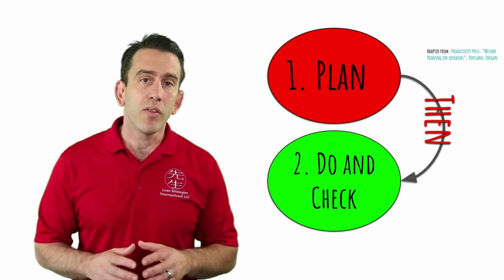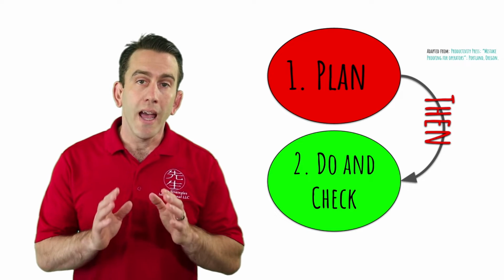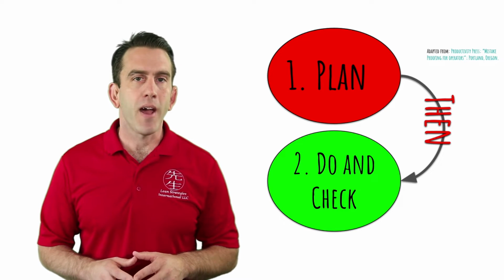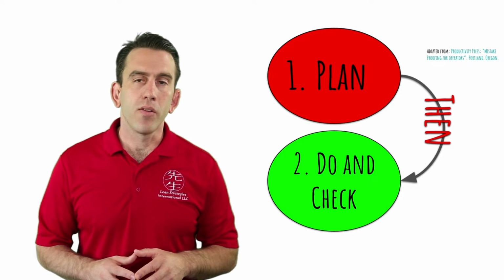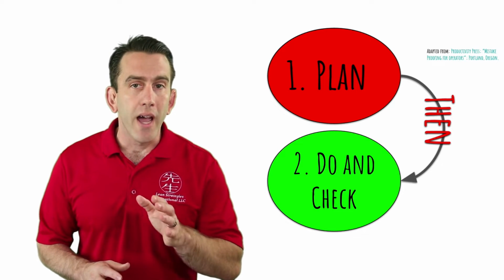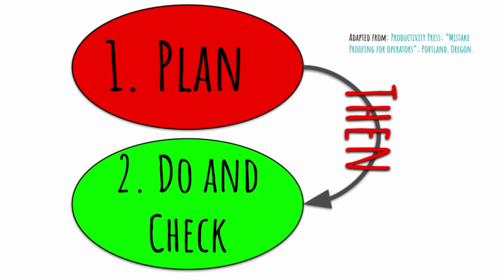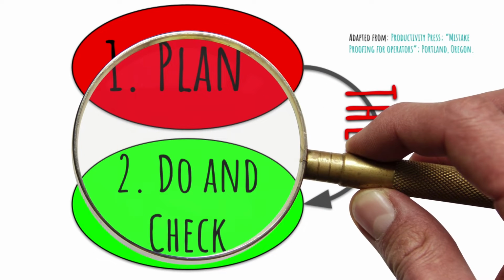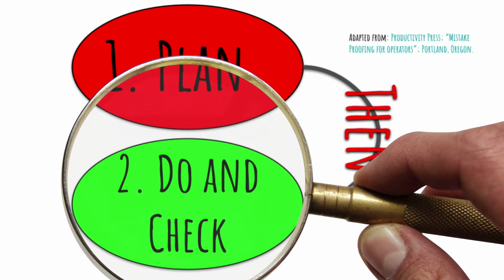In the ZQC system, this is done by creating an environment where the do and check occur at the same time. This helps ensure that the plan is executed the way it is intended, and if the plan is not correct, it is found right away. Essentially, the traditional method of quality changes from plan, do, then check to plan, do, and check. This scenario performs inspection right at the point or place where an error or problem could occur.